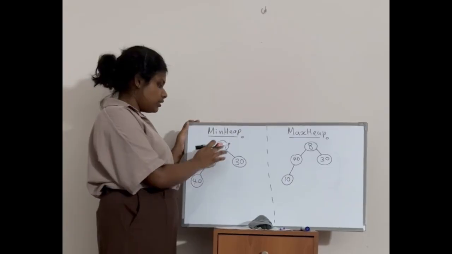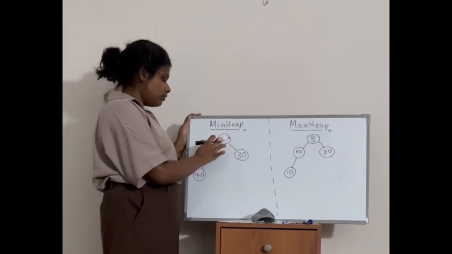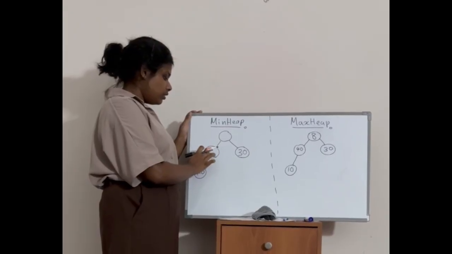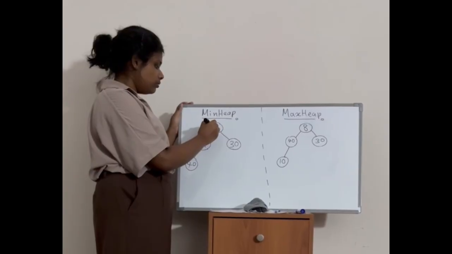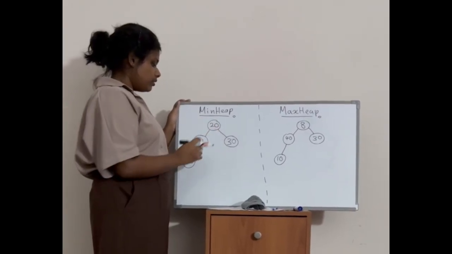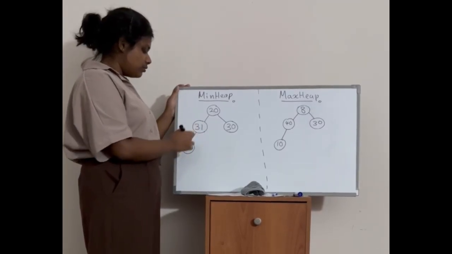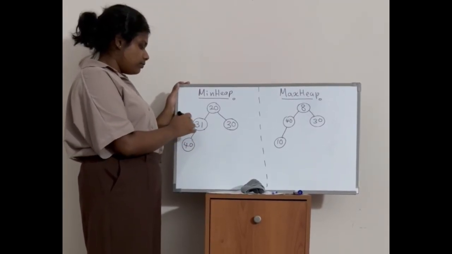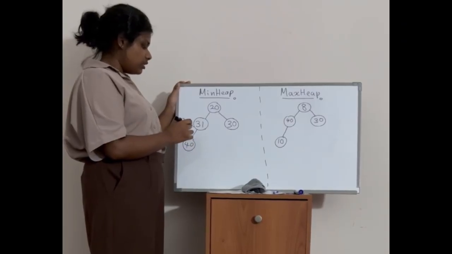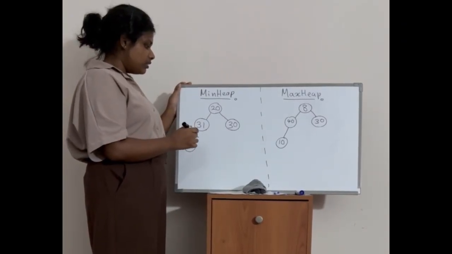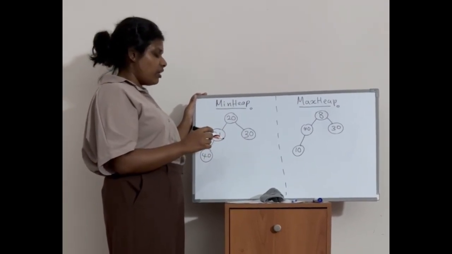So we can swap this parent with this and it becomes 31. This becomes 20. And we also have to compare these two. And when comparing, we can see that it does not violate the heap property. So we can tell that this heap is heapified.